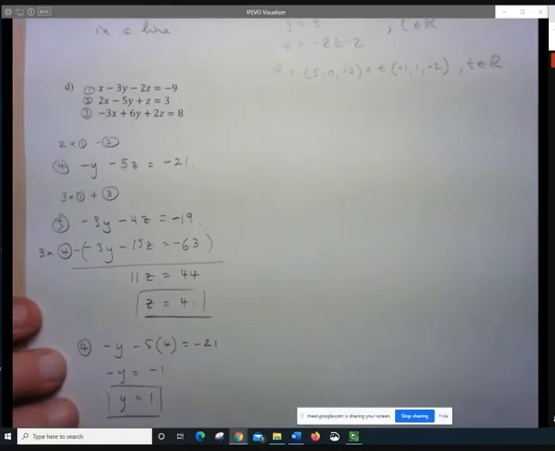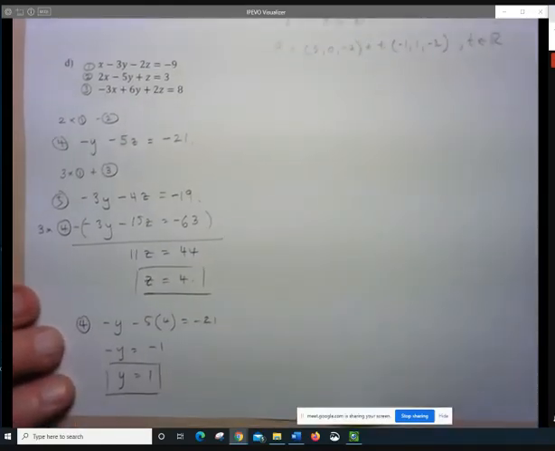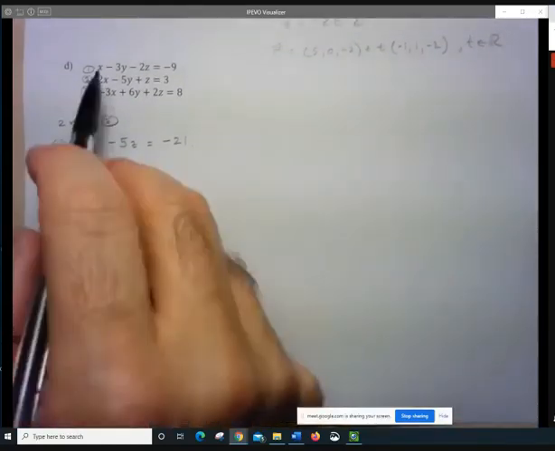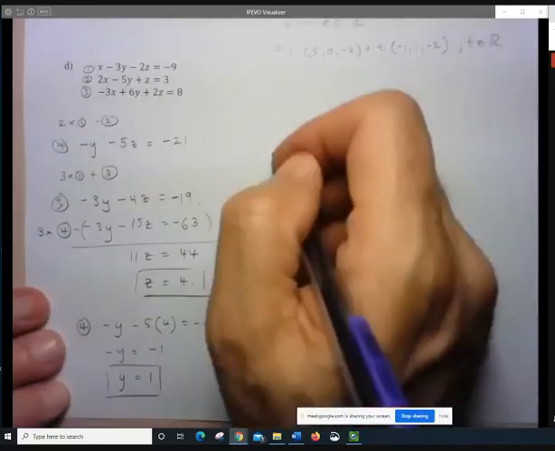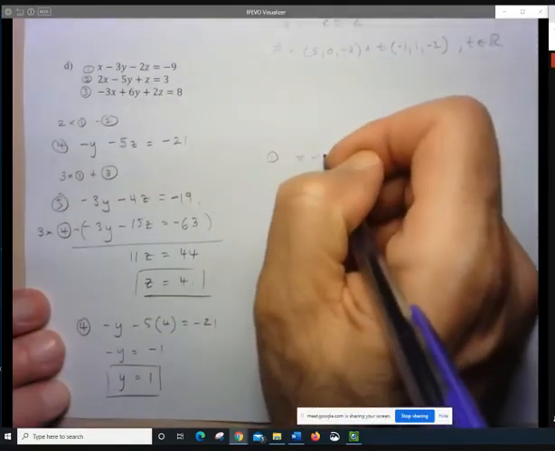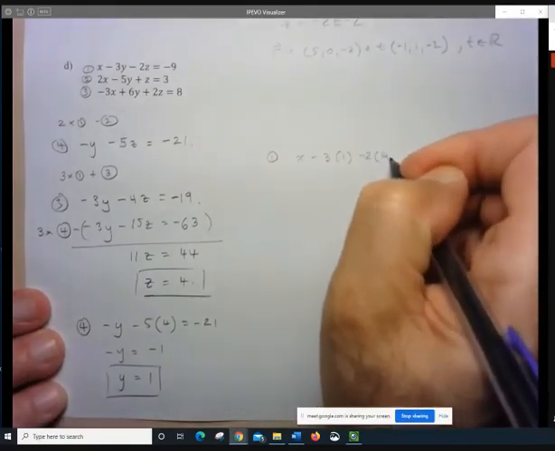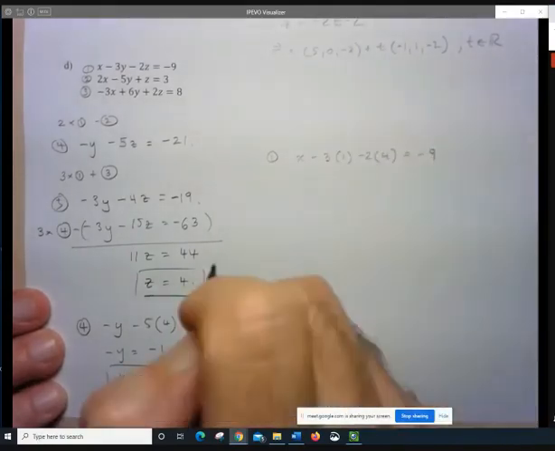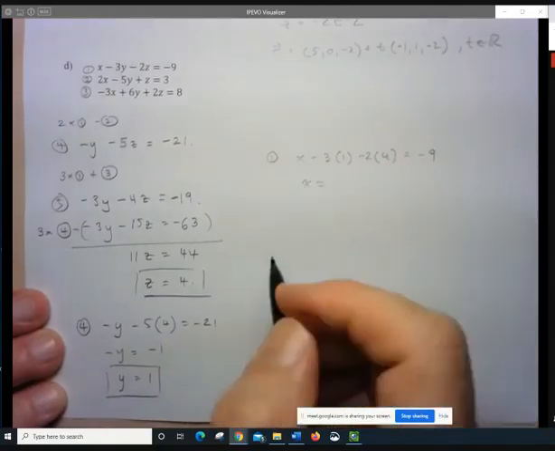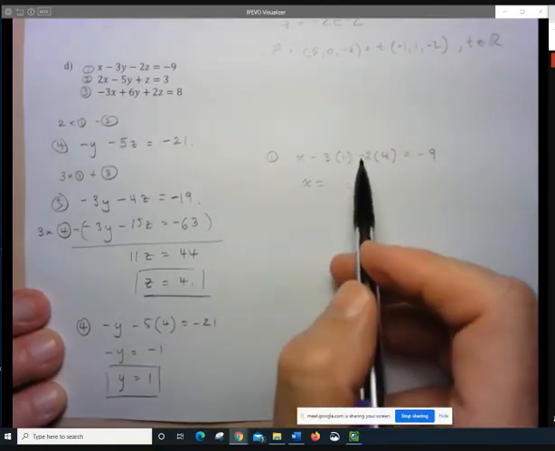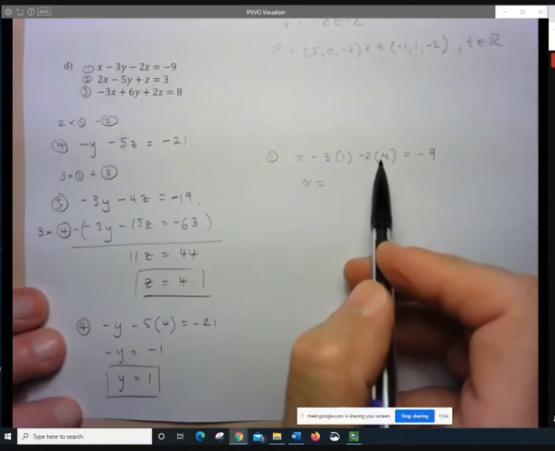Again, please check my algebra. And then lastly, I'm looking for x. So I'm going to put it back in that first equation. So x minus 3 times y, which is 1, minus 2 times z, which is 4, is equal to negative 9. So x, this is negative 3 minus 8, which is negative 11.